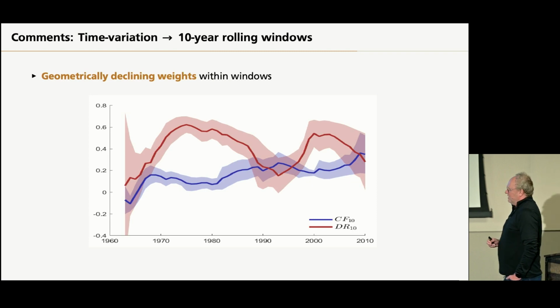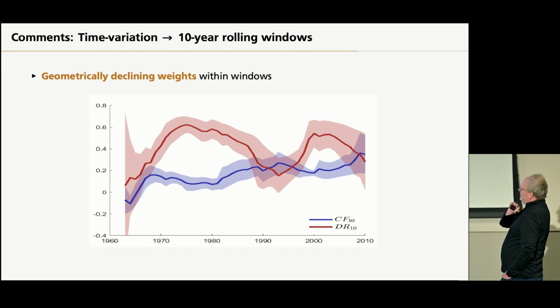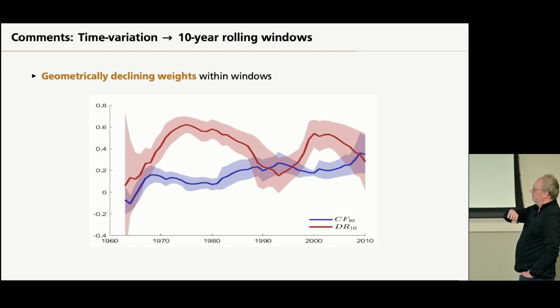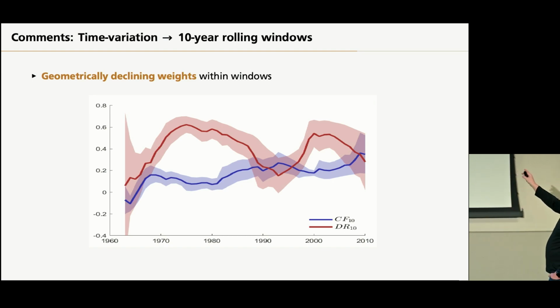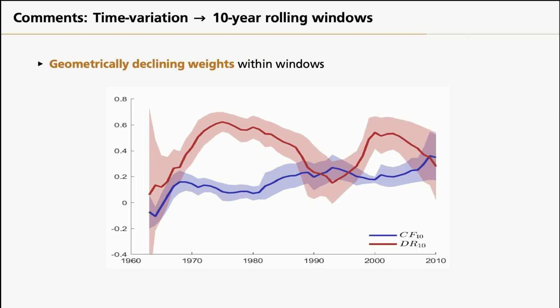Another interesting aspect in terms of time variation is the distribution. If you do this on a rolling 10-year window, you see there's time variation in the cash flow to discount rate channels. They argue that for the most part in the sample, the discount rate effect still dominates the cash flow effects.